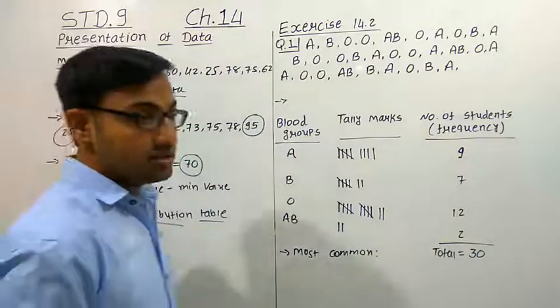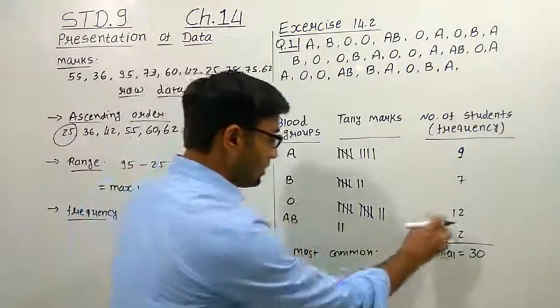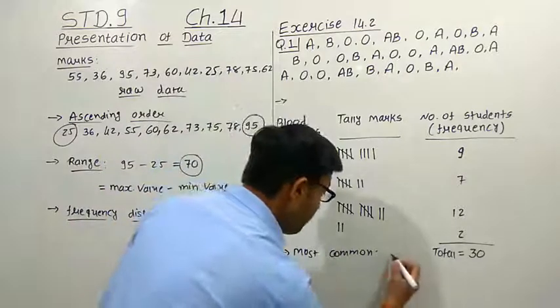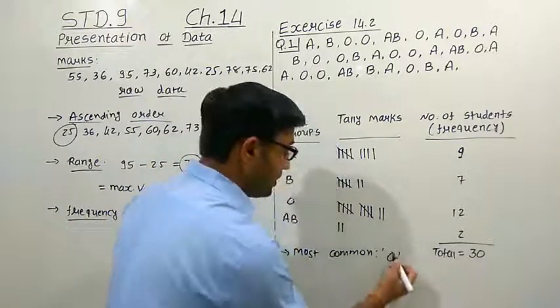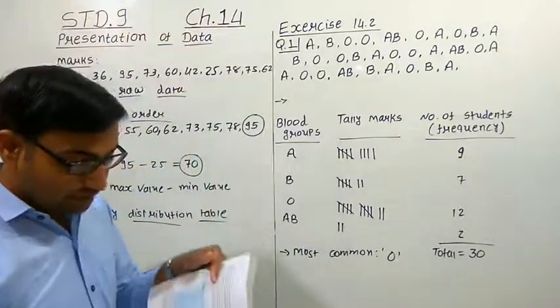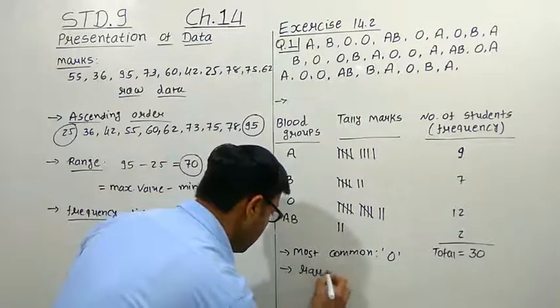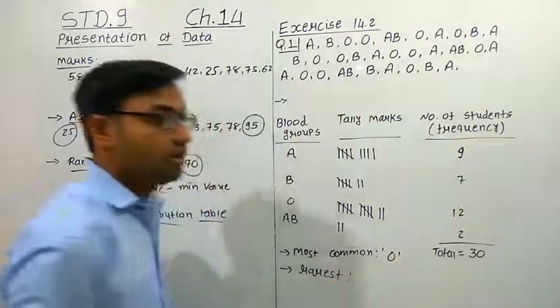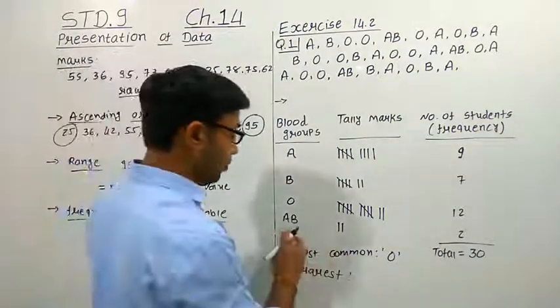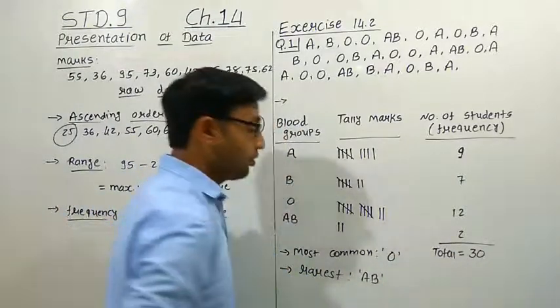Most common means the blood group which has the maximum frequency, that is O. So the most common blood group is O because it repeats more times, 12 times. Second question: which is the rarest? Rarest means low value. Which blood group has the low value? AB. Only 2 students have blood group AB.